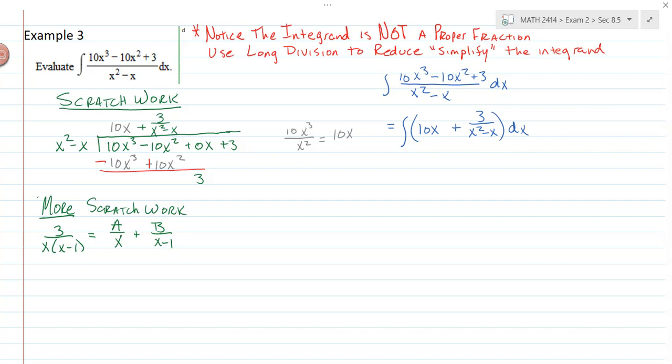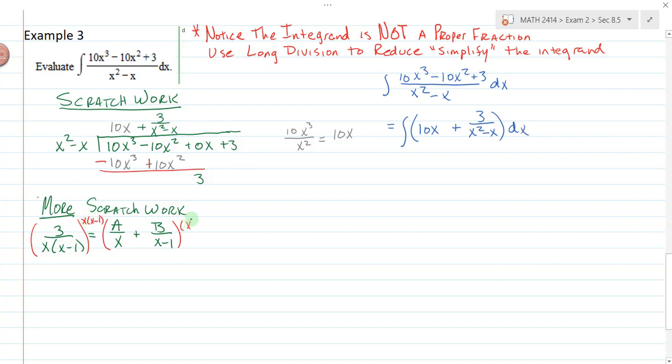Are there any questions about how I came up with those? When you do partial fraction decomposition, you want to factor the denominator, and then you just put constants over each one of those factors. Now I need to solve for a and b. What is my next step going to be? I want to get rid of the fraction, so I'm going to multiply both sides of the equation by the least common denominator, which is x times x minus 1.